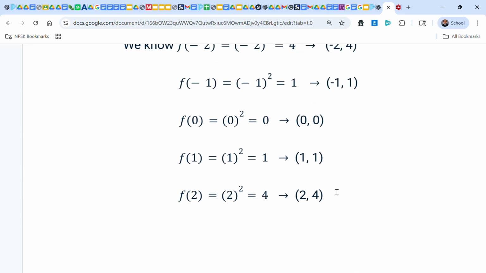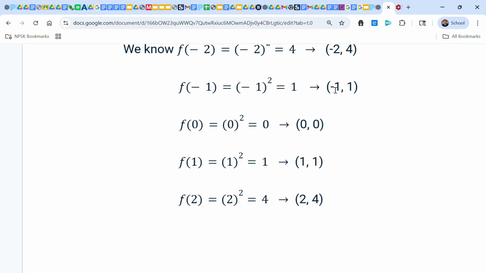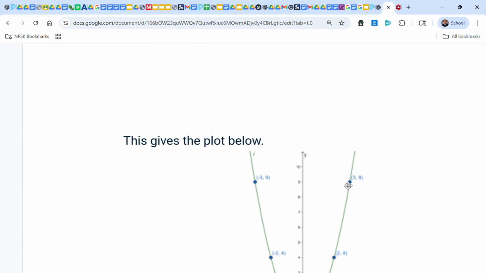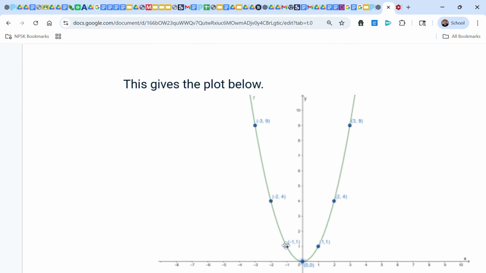And we also know we have this kind of symmetry going on. So at negative 1, it's 1. At negative 2, squared is 4. At negative 3, squared is 9. So we plot these dots, and we have this smooth curve that we connect between them, because we know we can put all these points within this function here. So this gives the plot below.